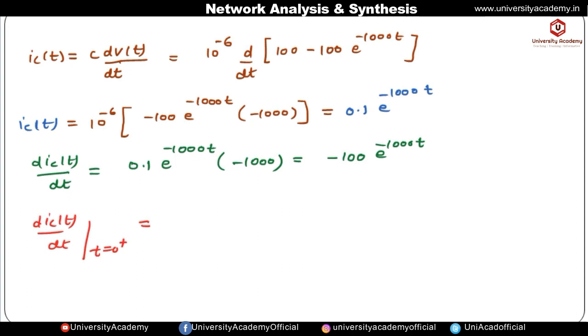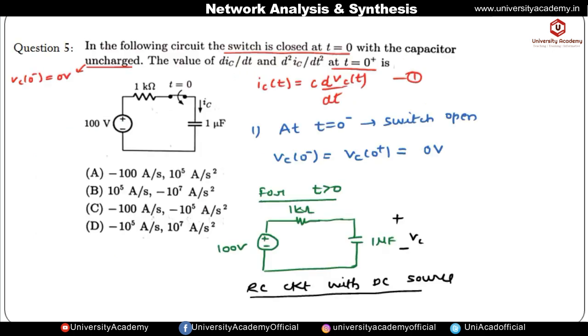In place of t we put 0, and e to the power 0 is equal to 1. So d of Ic by dt we are getting as minus 100 ampere per second, because current is in ampere, so this is ampere per second.